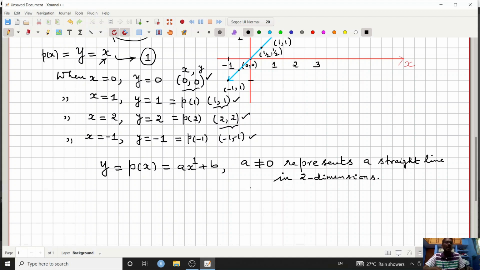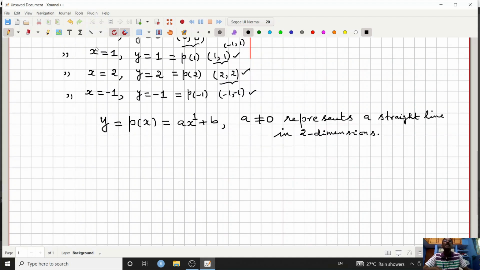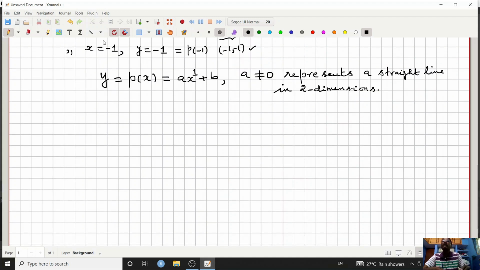Let us take one more linear equation and see whether that also represents a straight line or not. Let us take one more example and verify whether that also represents a straight line. For example, you consider y is equal to p of x is equal to, say, x plus 1.